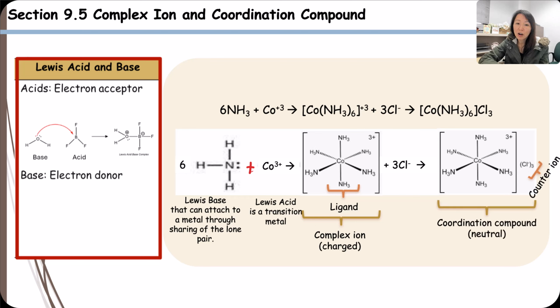This neutral compound is no longer called a complex ion, but now a coordination compound because it is neutral. The +3 is canceled out by the -3, with -1 for each chlorine counter ion.